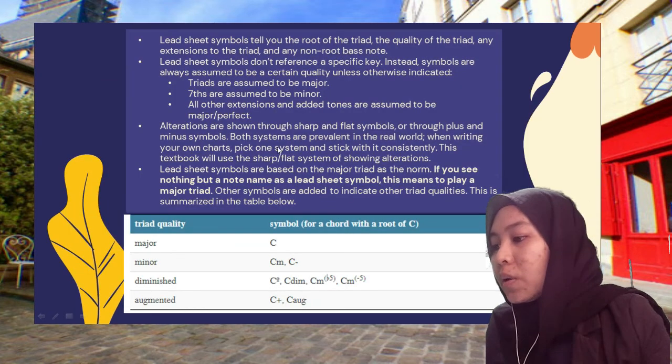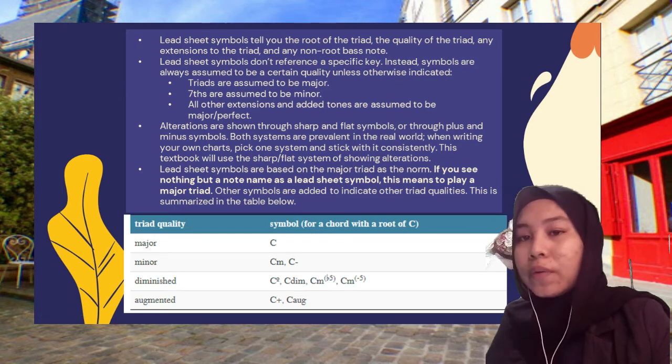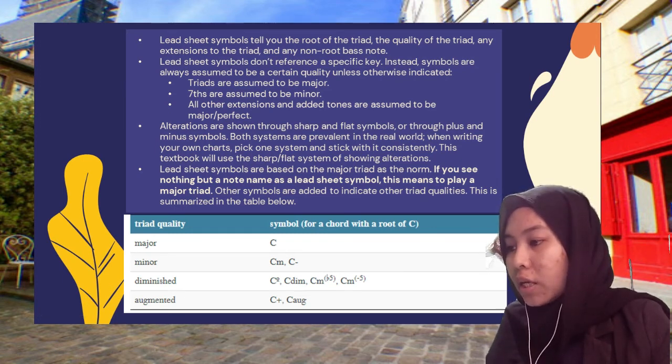Okay, so why? Because the lead sheet symbol tells you the root of the triad, the quality of the triad, any extensions to the triad, and any non-root base note.